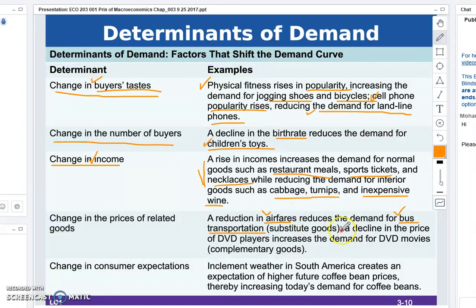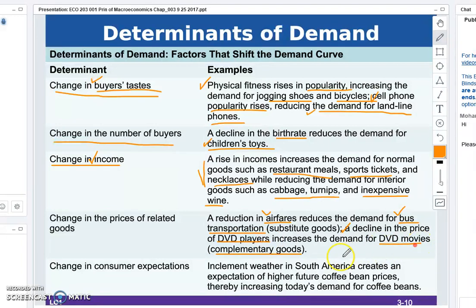Now what about this? The next example is a decline in the price of DVD players increases the demand for DVD movies. Those are complementary goods. Those are goods that are used together. See, DVD player and DVD movies.